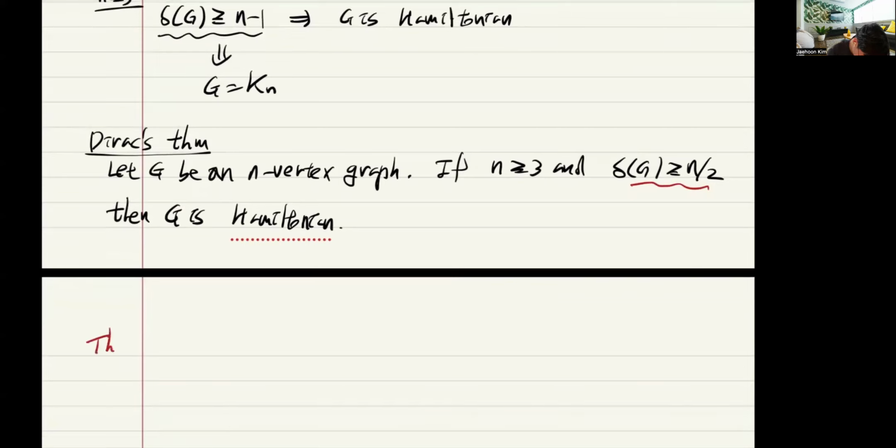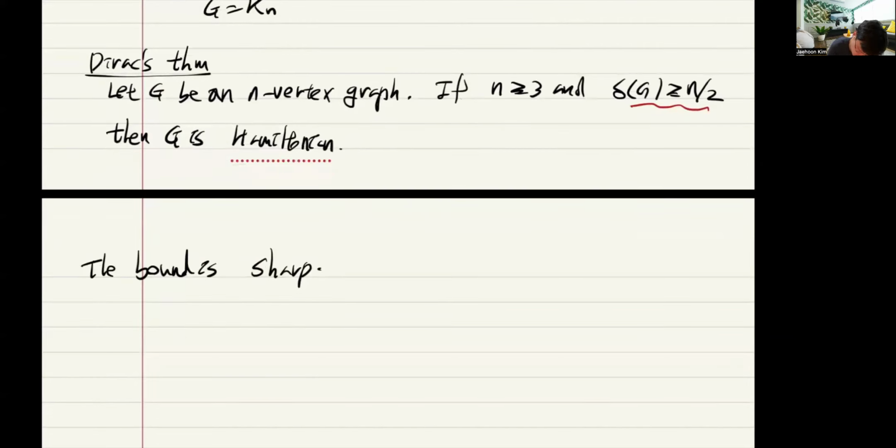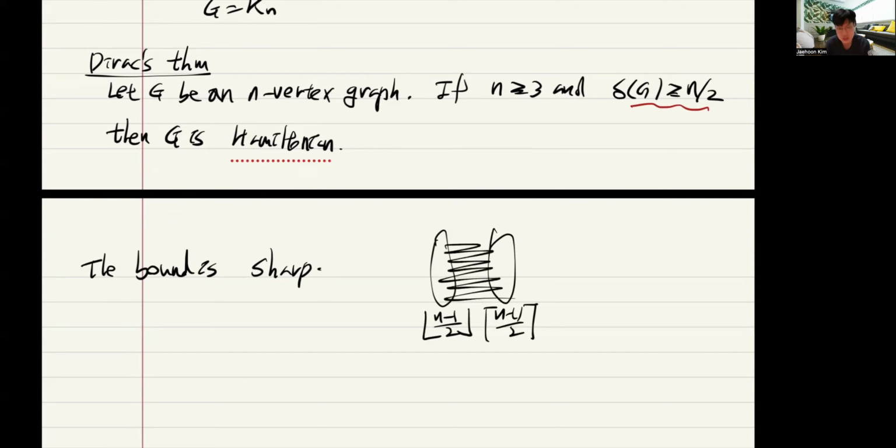When this condition cannot be improved anymore, we say that the bound is sharp. Meaning that if you decrease this number by any amount, even by the minimum possible amount, then this is not true anymore. Example, you can take n minus 1 over 2 floor vertices here, n plus 1 over 2 ceiling here, and then complete bipartite.